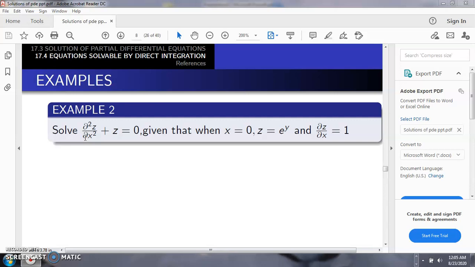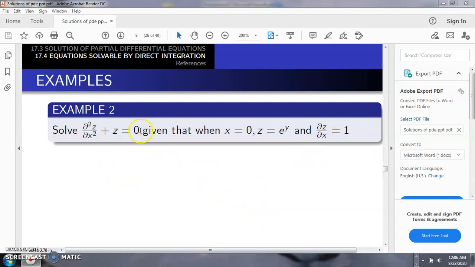So in that case we consider the given partial differential equation as an ordinary differential equation, d²z/dx² + z = 0, which we can rewrite as (D² + 1)z = 0, where D is equal to d/dx.